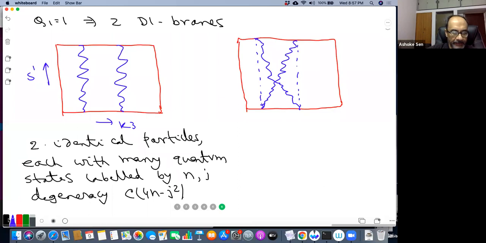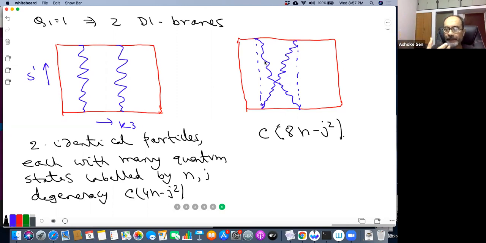So the result for this is C of 8n minus j squared. Let's see how we got 8n minus j squared. The idea is that if it carries n units of momentum along S1, in terms of this D1 brane, the D1 brane effectively has twice the length of S1.